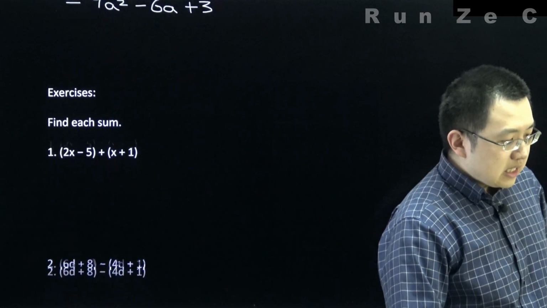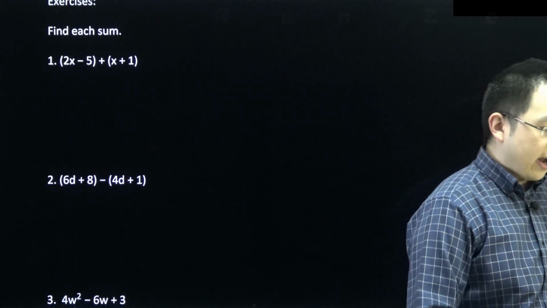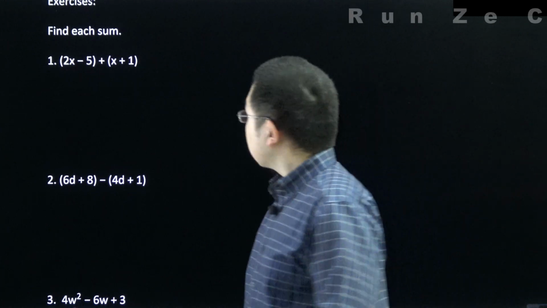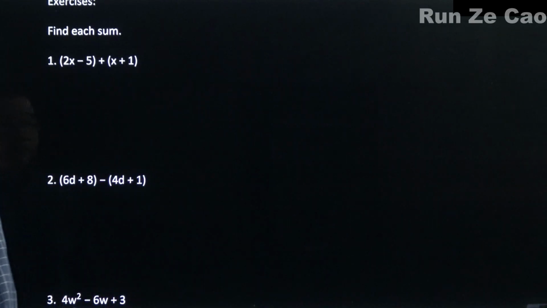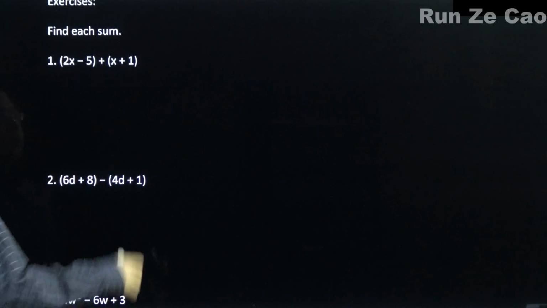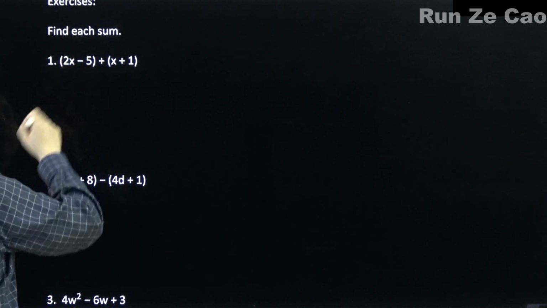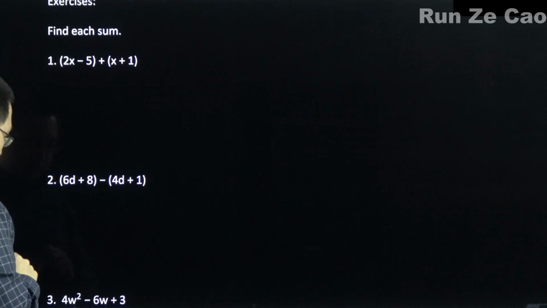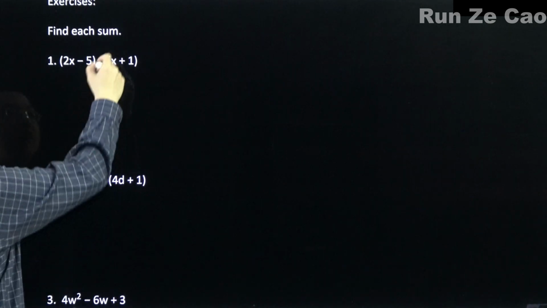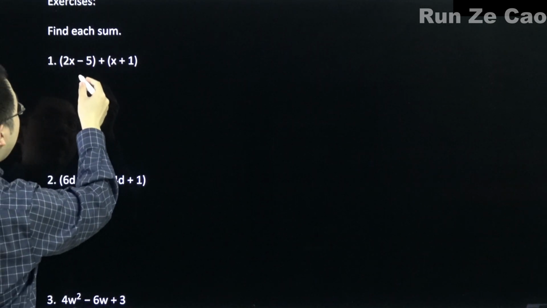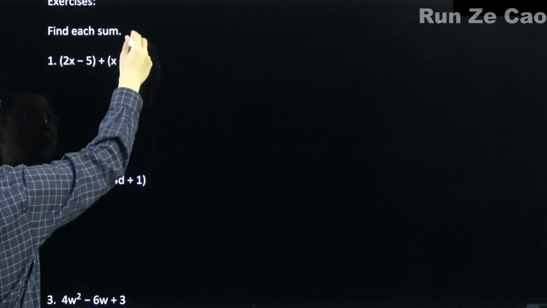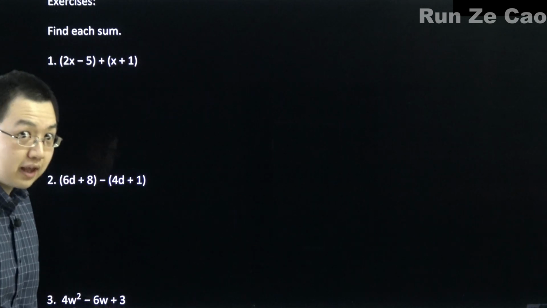So, exercises. Find each sum. 2x minus 5 plus x plus 1. When we just get started, we should open up the brackets first. This is also useful if you have, say, another multiplication, like 2x minus 5 plus 4 times bracket x plus 1, for example.